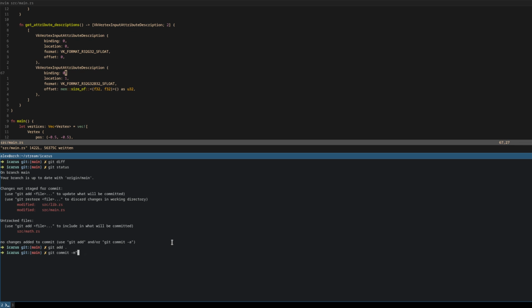Add new module math with math for vec and matrix types. Push this.